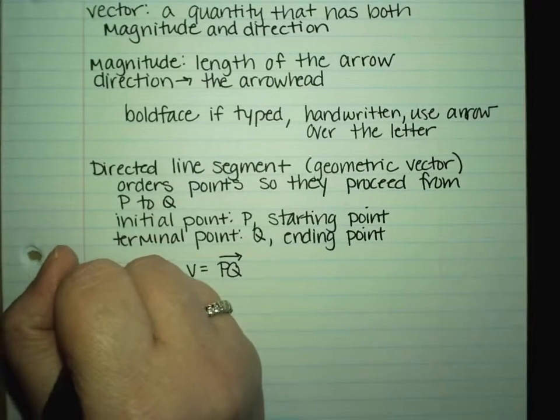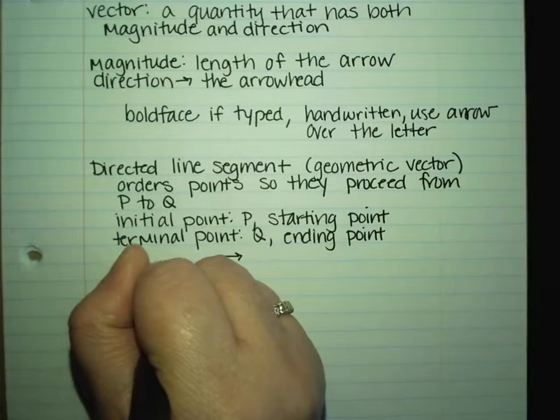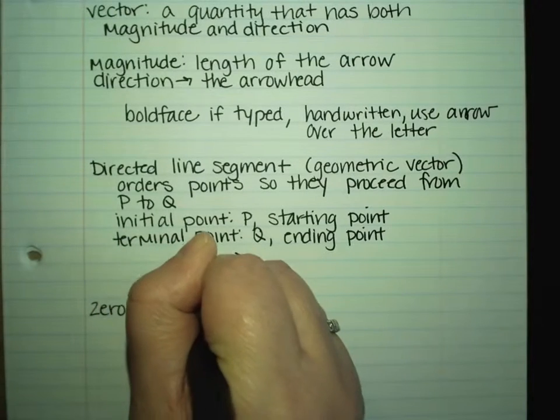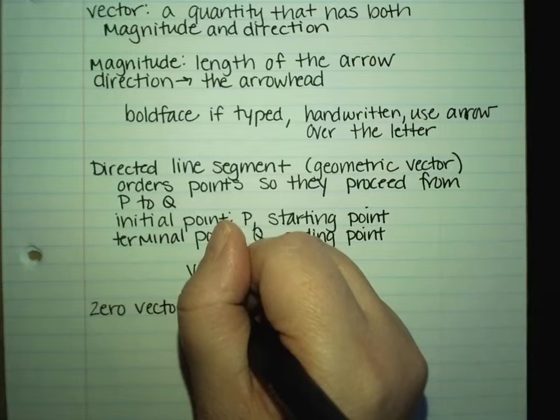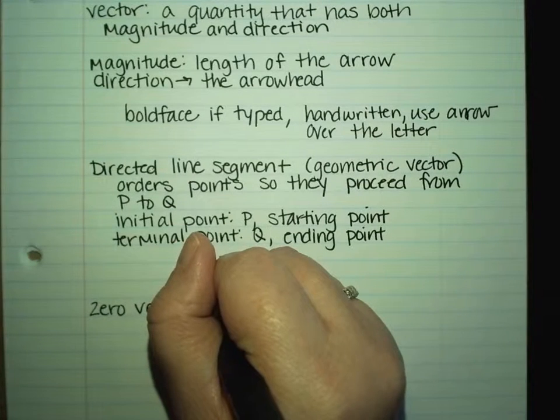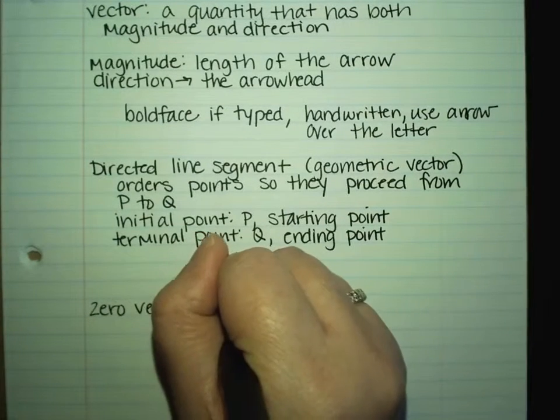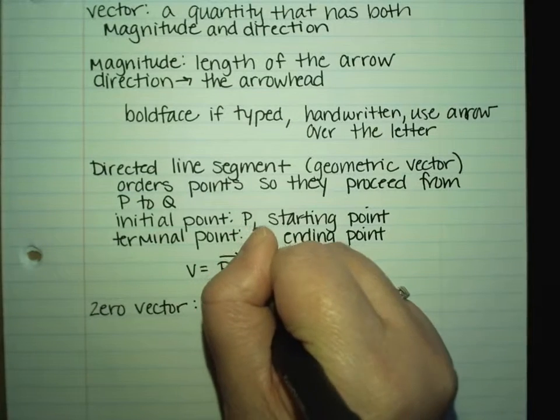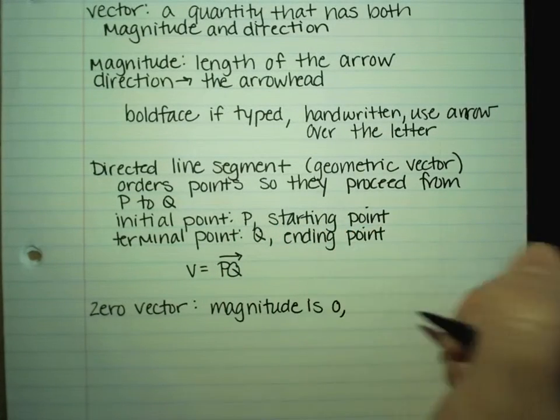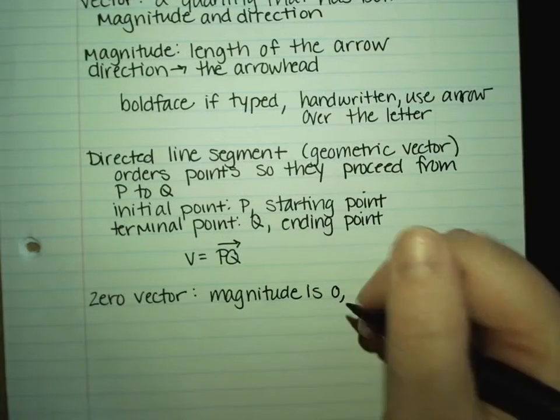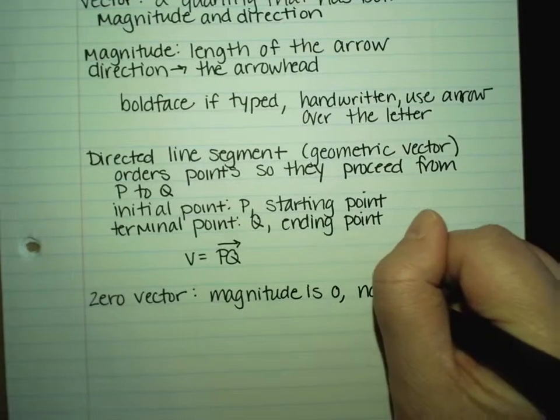Next we have the 0 vector. And a 0 vector has no magnitude. The magnitude is 0. And there is no assigned direction.